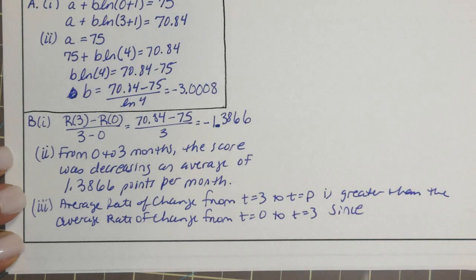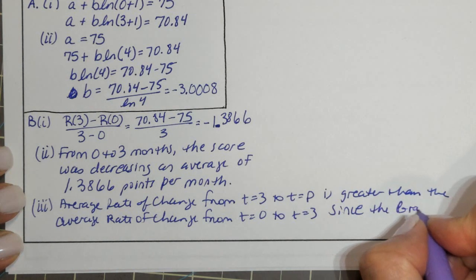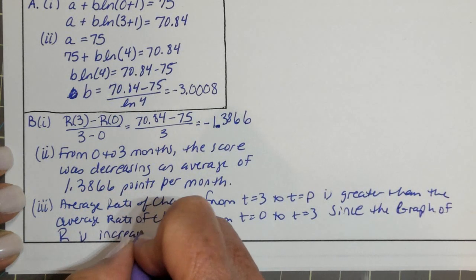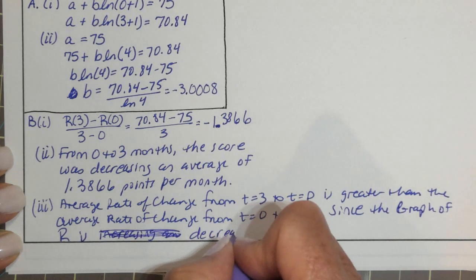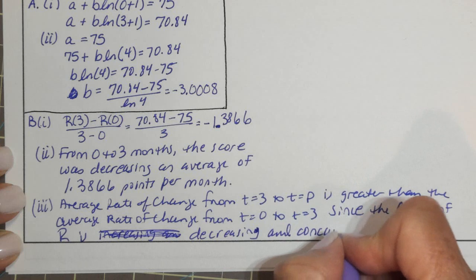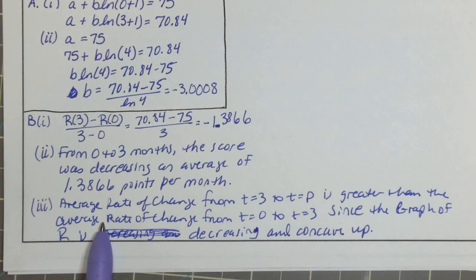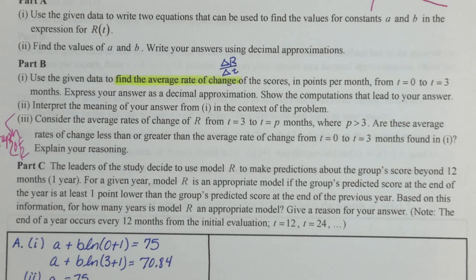They said to give a reason. Since the graph of R is decreasing and concave up. This part is almost always going to have you use the shape of the graph of your model. Okay? Almost always.